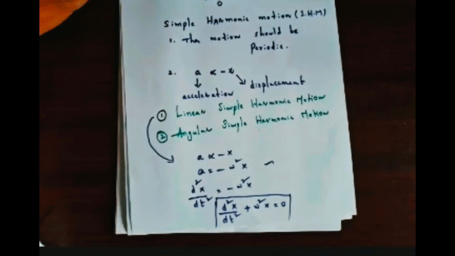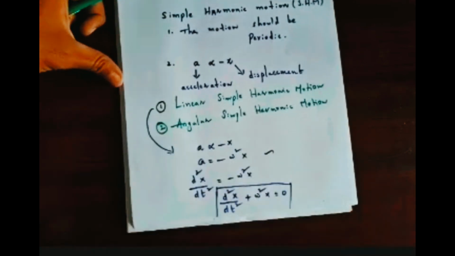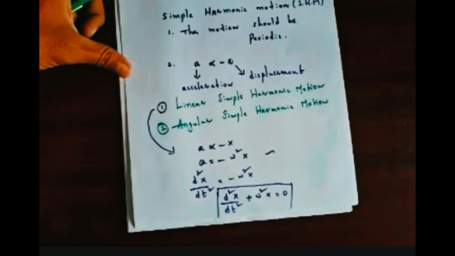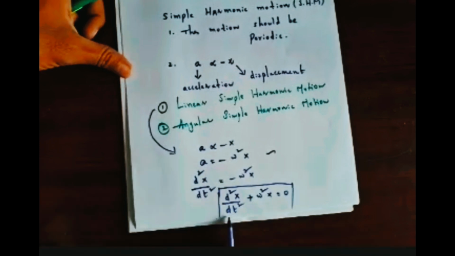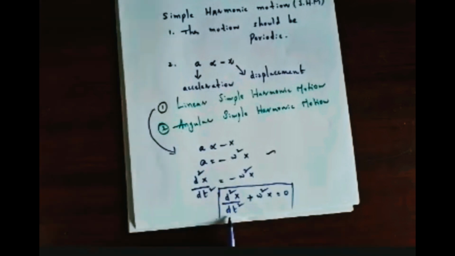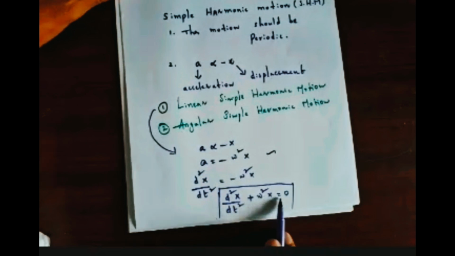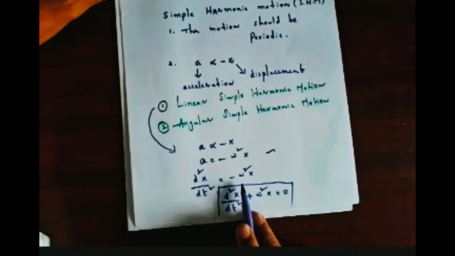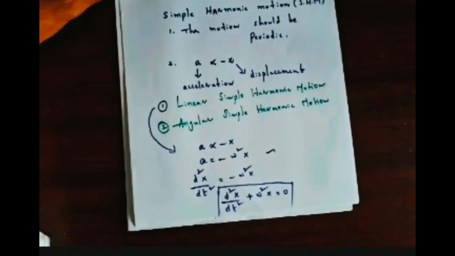The same formula we rearrange as d square x by dt square plus omega square x is equal to 0. What does omega represent here? Omega is nothing but the angular velocity of the particle.